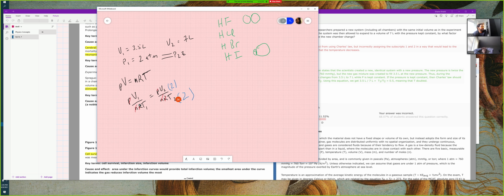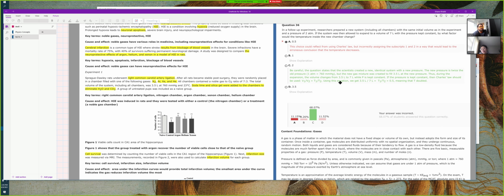Oh, okay. I was thinking about it like, if the volume increases, then the temperature has to decrease. And that's not right. So volume increase, temperature has to increase.